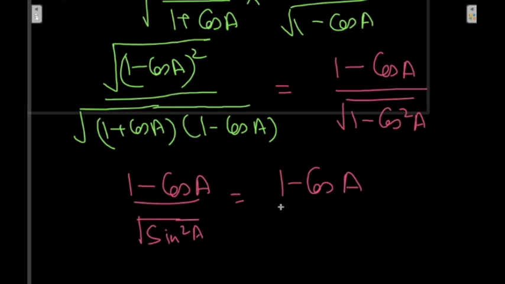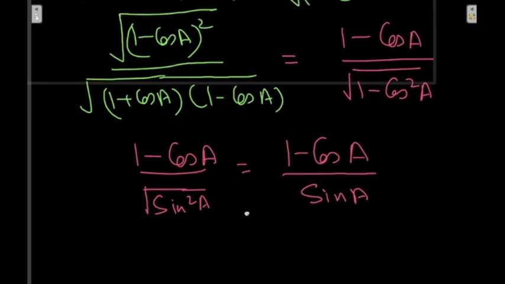In fact, you could have skipped those steps, but since we are still at the very nascent level of trigonometry, I don't want to skip those steps, because there is a high chance that later on you can commit a mistake. So sine square a under root will become sine of a.